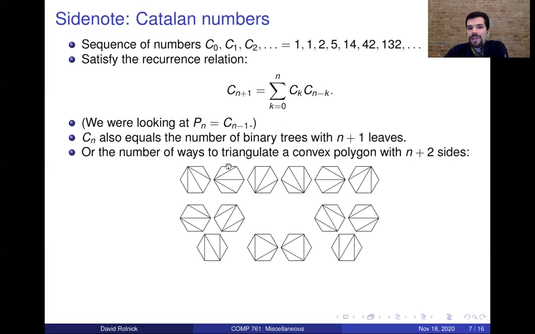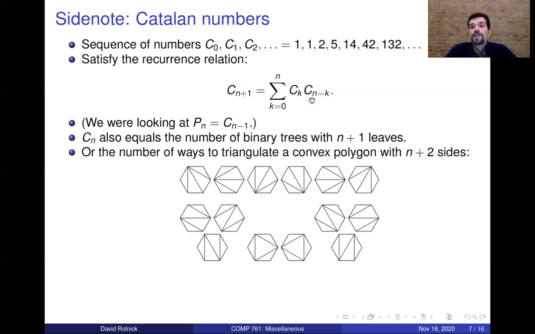It could go to any of these other ones. So I'm going to look at k equals 0, k equals 1, k equals 2, k equals 3, all the way up to n, basically. And once I've taken that diagonal, I can dissect it into a problem over here, how to dissect this polygon, and how to dissect this polygon. So that's why you end up with this recurrence relation coming out of the triangulations of convex polygons. If you didn't get that, don't worry.